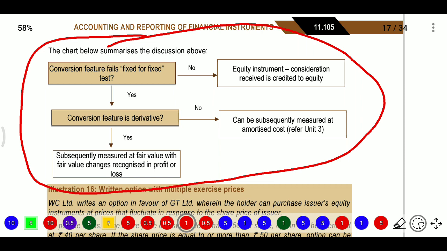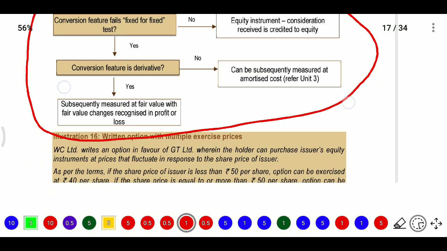If the conversion does not fail, meaning they have fixed to fixed, then it will be equity, and consideration received is credited to equity. Next, if the conversion feature is a derivative, then yes, it is subsequently measured at fair value with fair value changes recognized in profit and loss. If the conversion feature is not a derivative, then it can be subsequently measured at amortized cost.